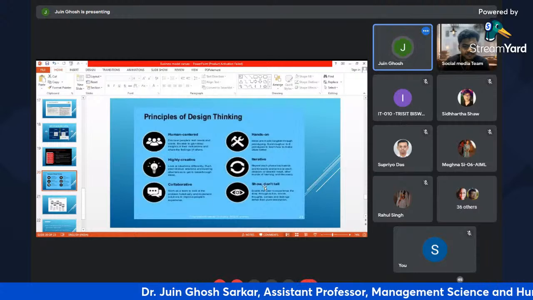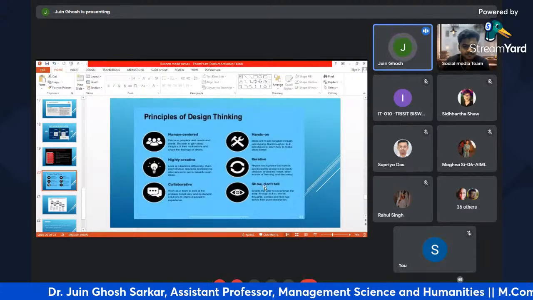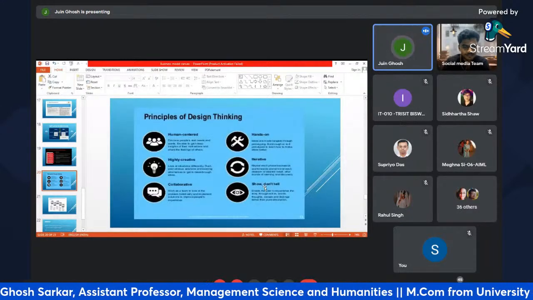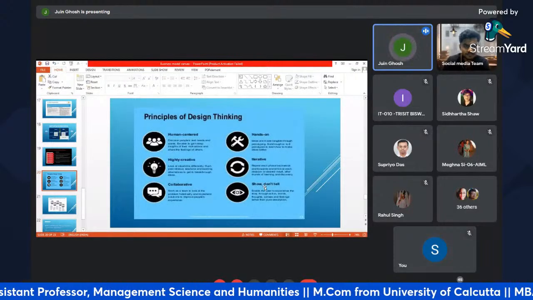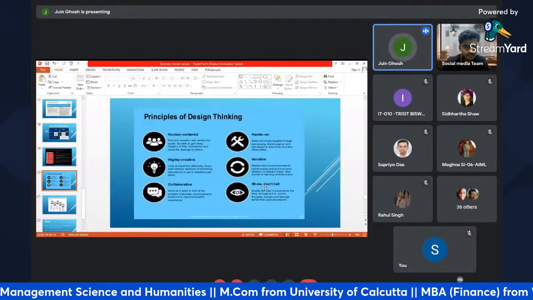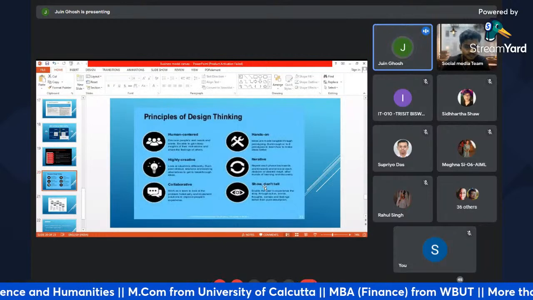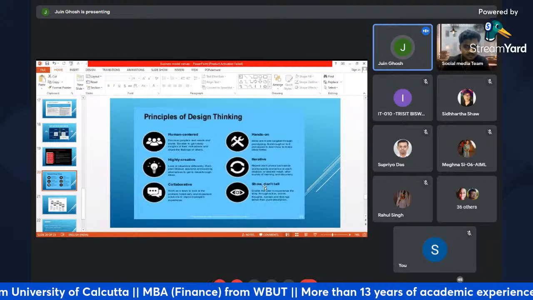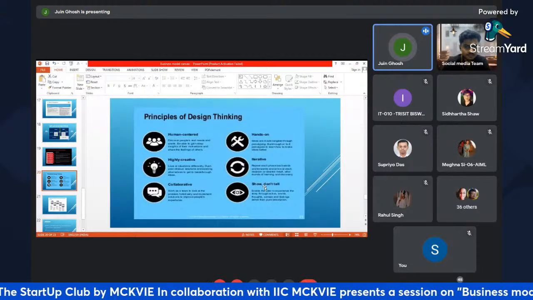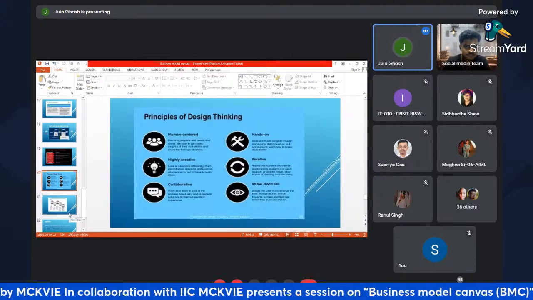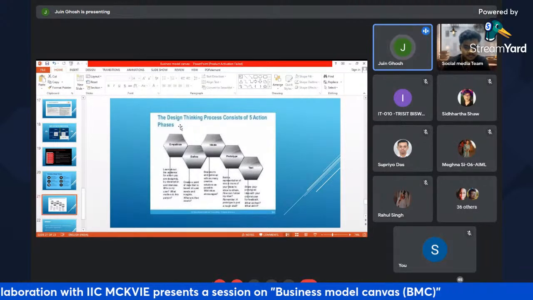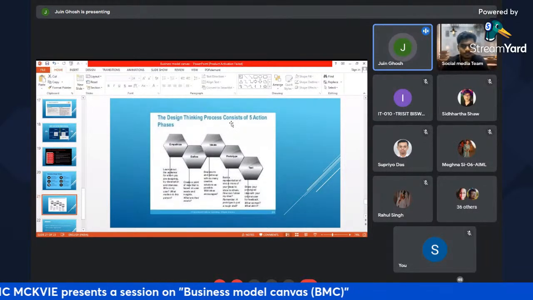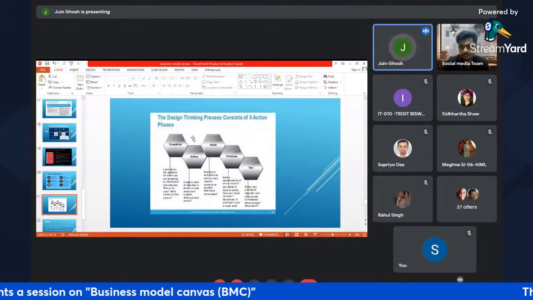But before you launch the product or service that you have designed for the prospective group of customers, if a copied version hits the market, then your entire job goes to dread. So this is the design thinking process consisting of 5 action phases.